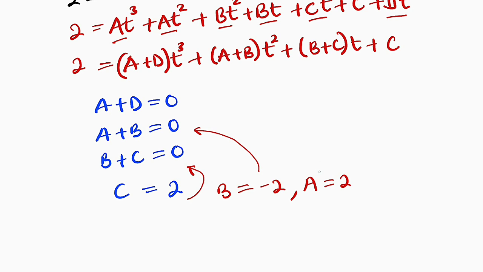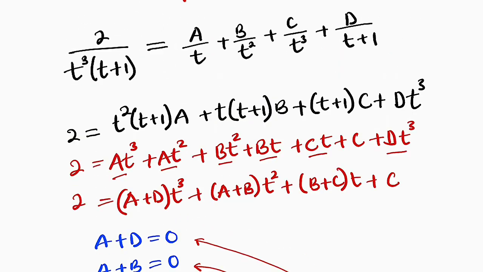And lastly, we can take a and plug it into the first equation where we have a plus d, but a is already 2. So we have 2 plus d is 0, which implies that d is negative 2. d is equal to negative 2. All right. So we have a, b, c, and d.